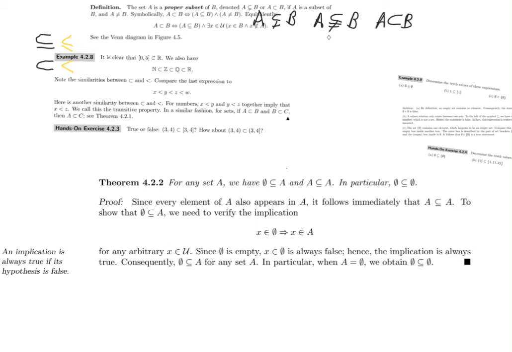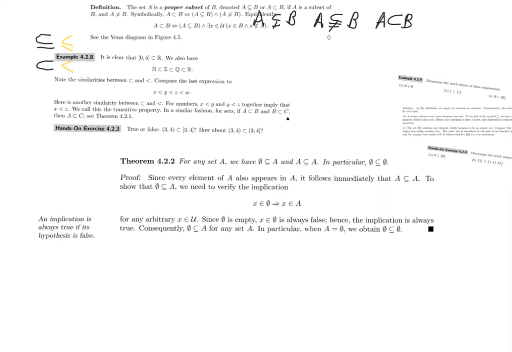If you said true, you're right. Okay, so we can prove that this implication is true by using the fact that x is in the empty set is always false. So that's a very helpful tip. We're using our logic knowledge to help us prove things that make sense to us, but we just don't know how to prove them rigorously.